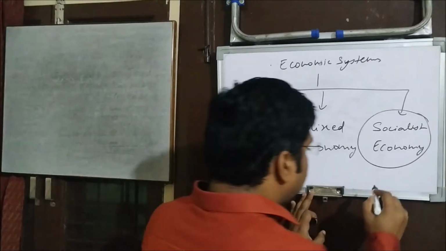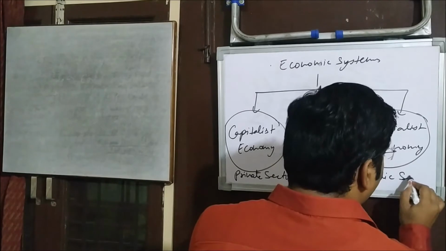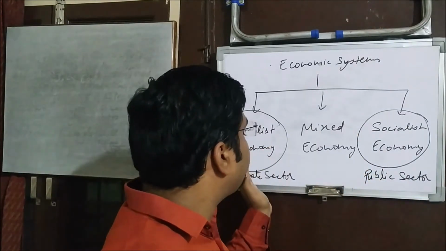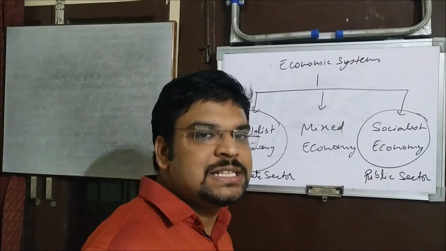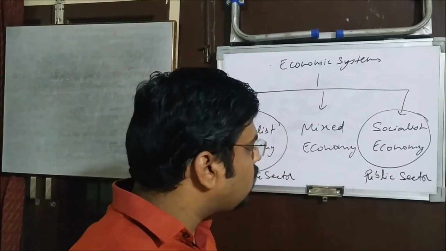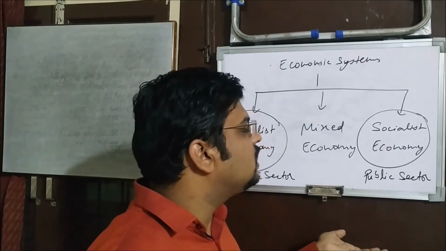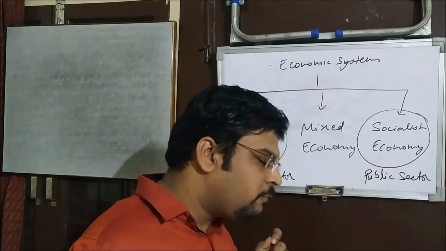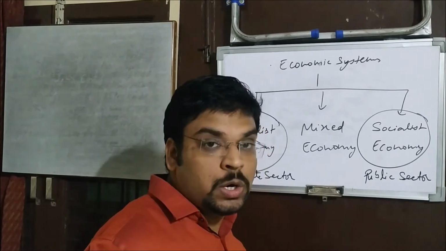So here the complete nation building is in the hands of the public sector. Like the capitalist economy, the socialist economy also has some advantages and disadvantages. The disadvantage is that the entire load of industrial development is on the public sector, right? If the public sector is making losses somewhere, then God may help it.